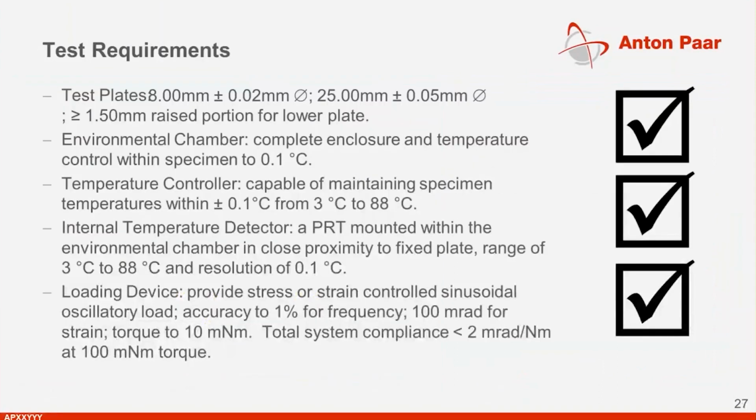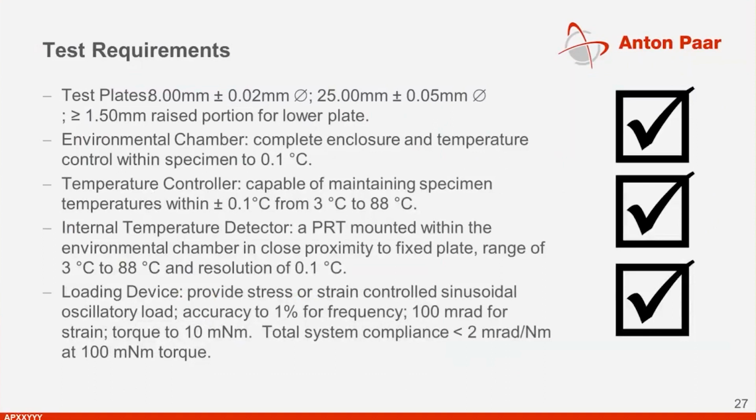The test requirements of AASHTO T315 are also valid for other AASHTO methods like AASHTO T350, the MSCR test, which is also following these requirements. We have different blades depending on the aging level of the binder, 8 millimeter or 25 millimeter.